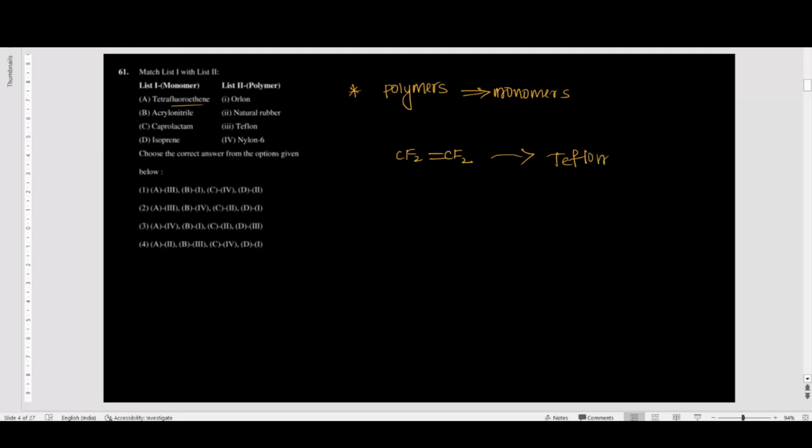So you can check, A is 3. In these two options only A is 3, so you can eliminate the other two options. Let's check one more. Acrylonitrile structure is like this, CH2 double bond CHCN. This is acrylonitrile, and its polymer is Orlon.